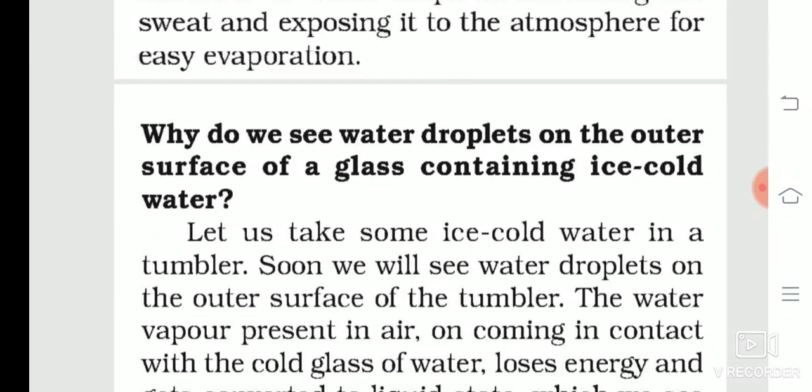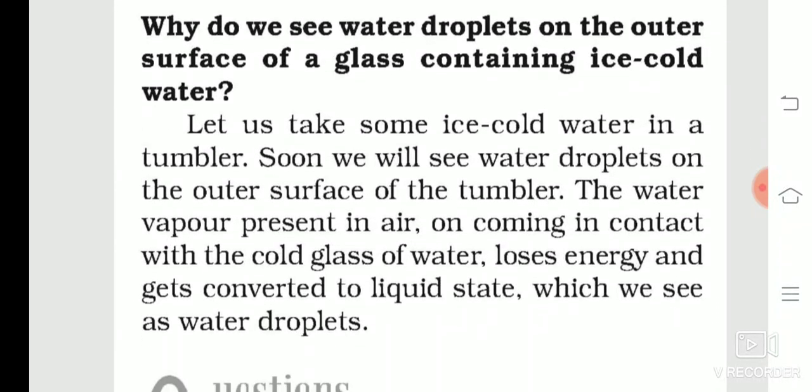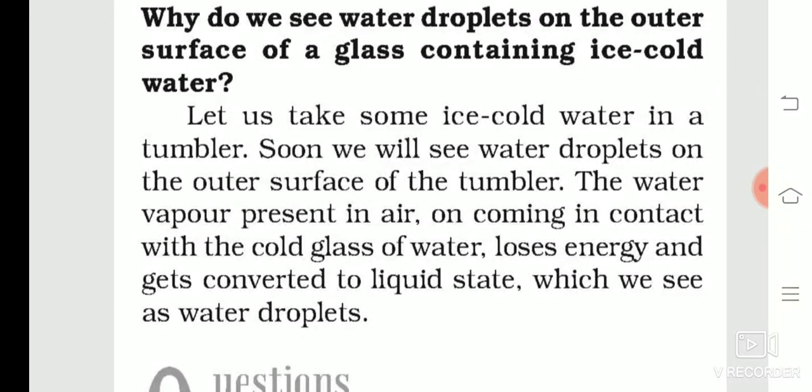Another example you can see: why do we see water droplets on the outer surface of a glass containing ice cold water? As we know, water is present in the form of vapor in our surroundings. When we take out a water bottle from the refrigerator, or ice cold glasses, and keep it out on the table, what will happen?